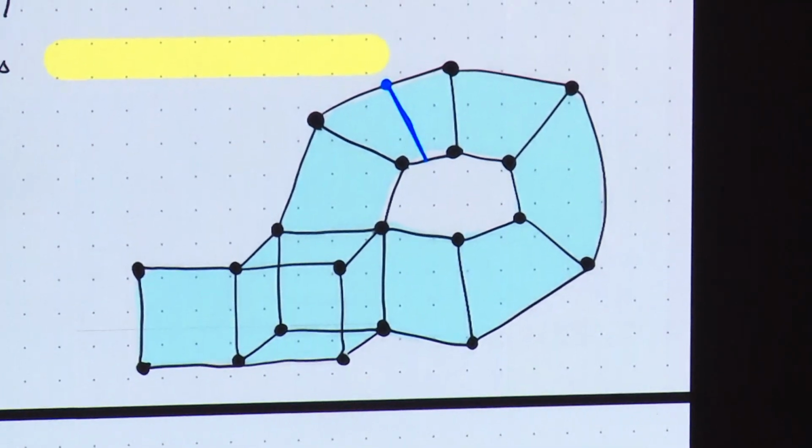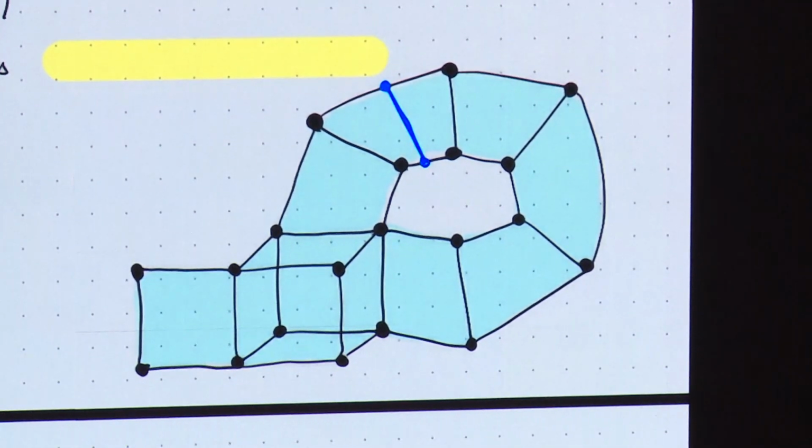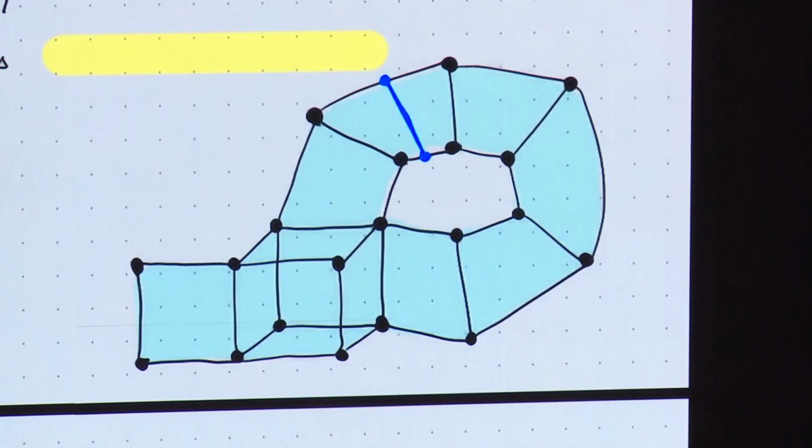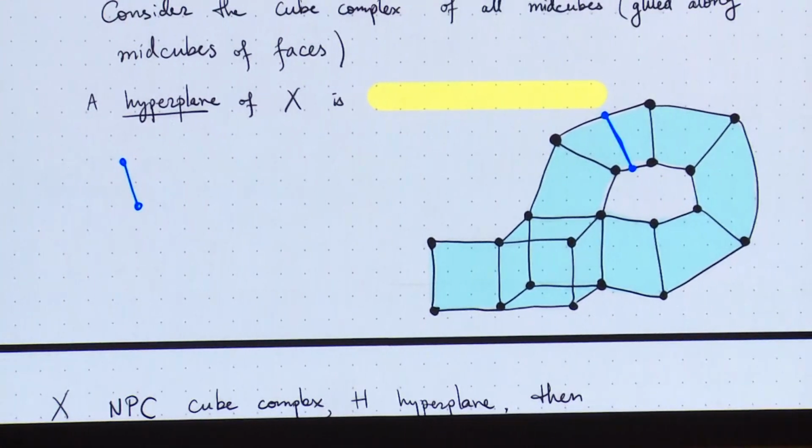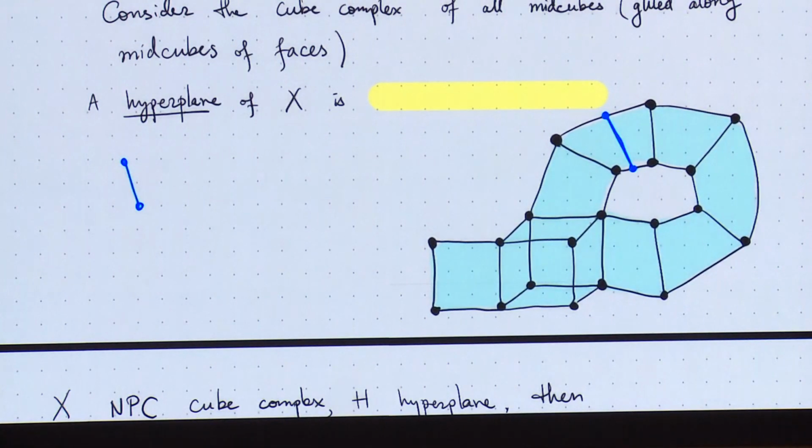It's a mid-edge, and same for this guy. So that's going to be sitting somewhere here in my space that I'm building. But I'm not done. I have more mid-cubes to consider. Obviously I have this guy and so on. I'm not going to do all of them, but let's do the interesting one. The interesting one is this guy. So I start with this mid-cube.